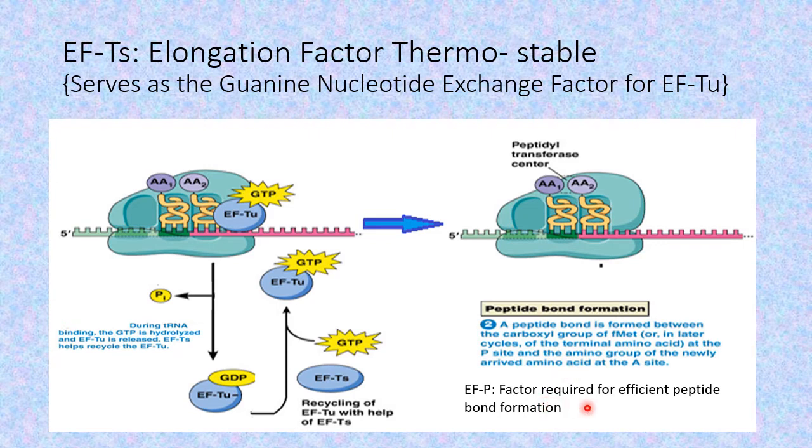Another protein which helps in this elongation is elongation factor P. It is also required for the efficient peptide bond formation between the two amino acids present on the P site and the A site.